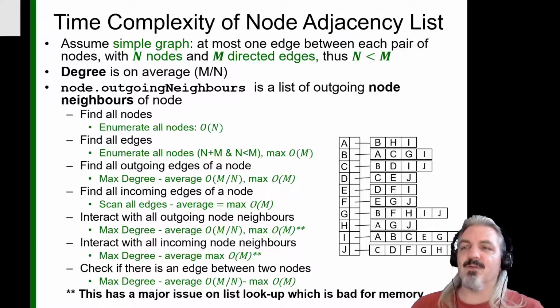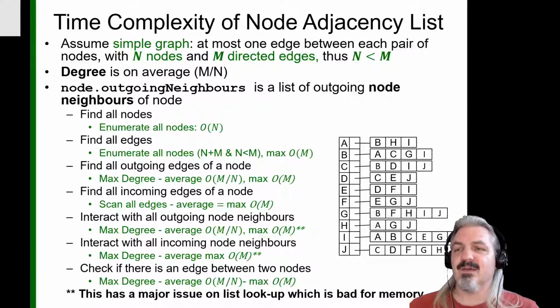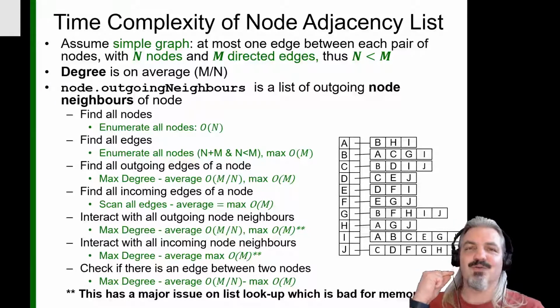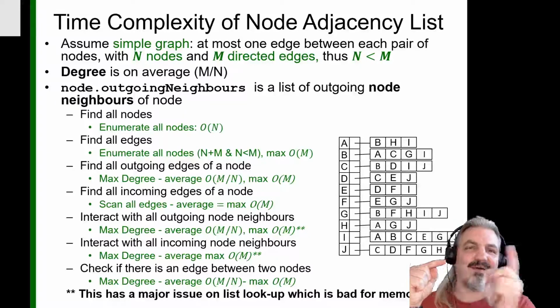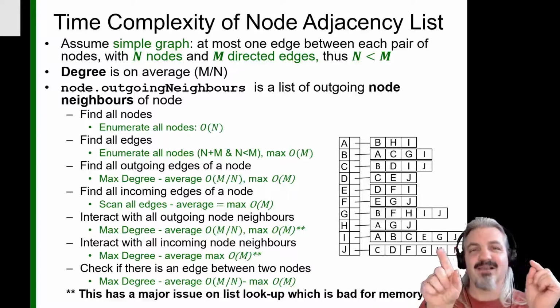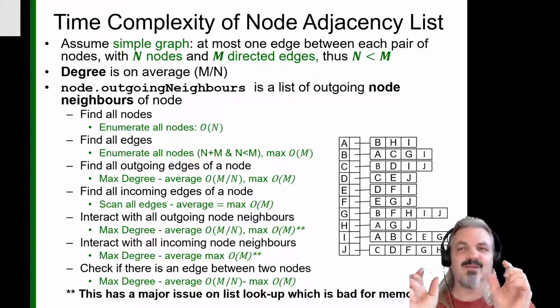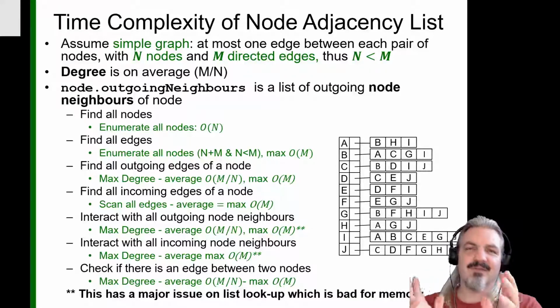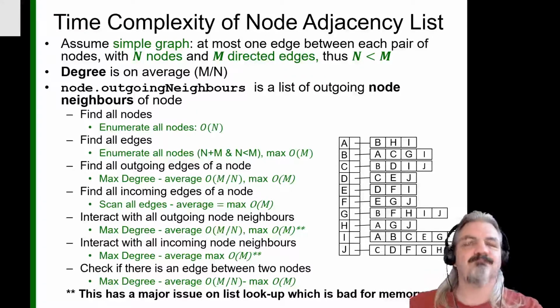So if you wanted to check if there is an edge between two nodes, basically you go to node 1 and see if it's got an outgoing, and you go to node 2 and see if it's got an outgoing, and that would be the way you do that. So it's kind of 2 over the average, so again, the average degree.